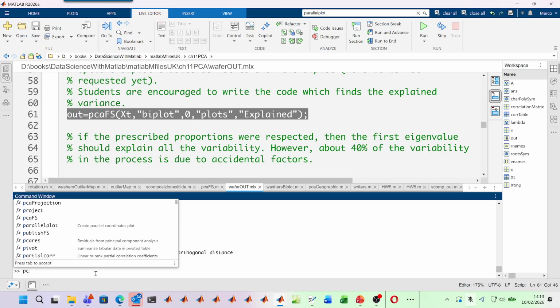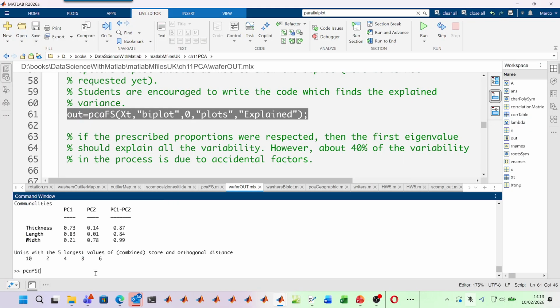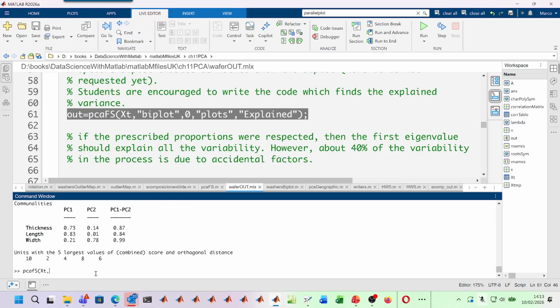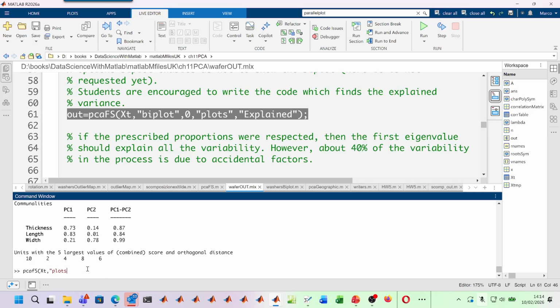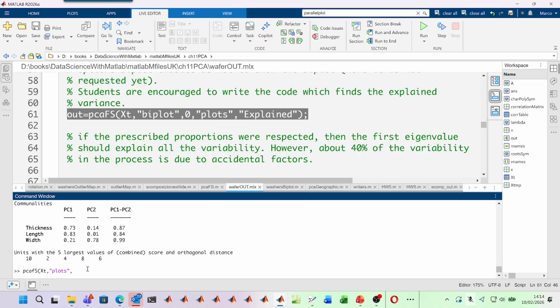Therefore, now if you do PCAFS XT, and then when you do plots, probably I do not have the latest version, because if you have the latest version, these plots automatically come out thanks to his work.